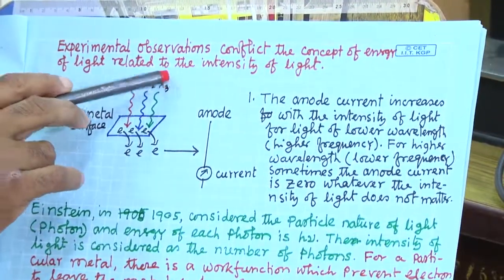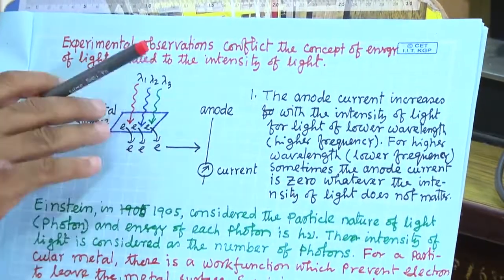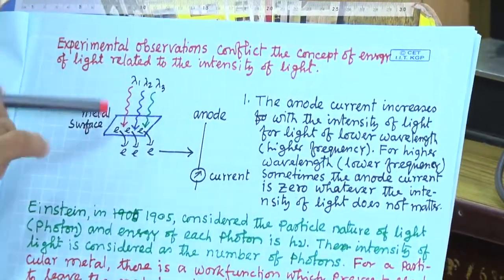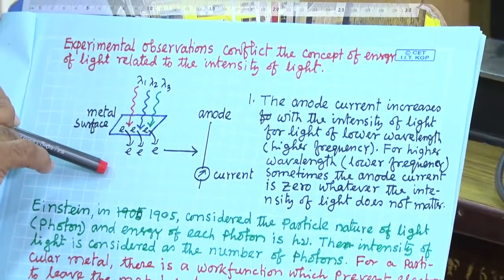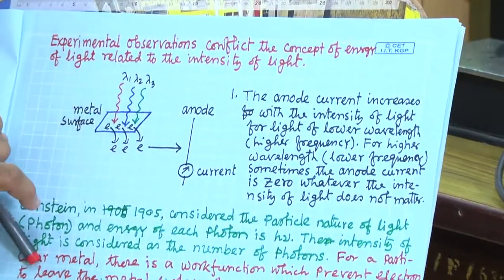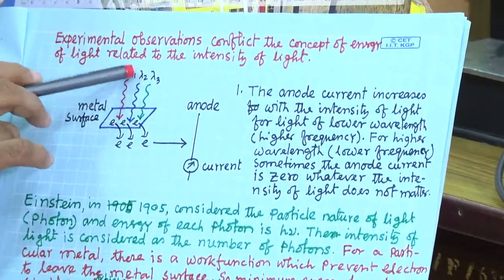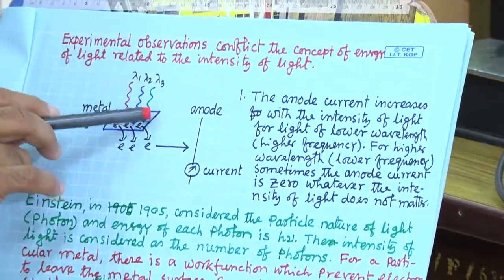That means their wavelengths are different. So, if you consider them one by one, light is falling on this metal surface, and the wavelength of this light is lambda 1, the red one. The wavelength is higher than the green and blue ones, so higher wavelength light is falling on this.